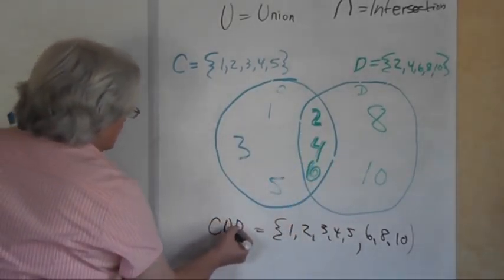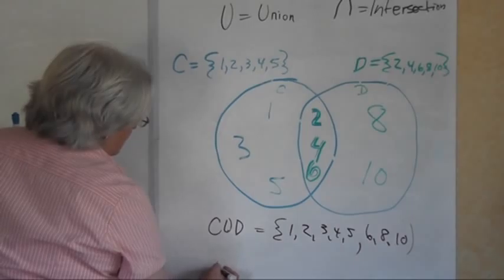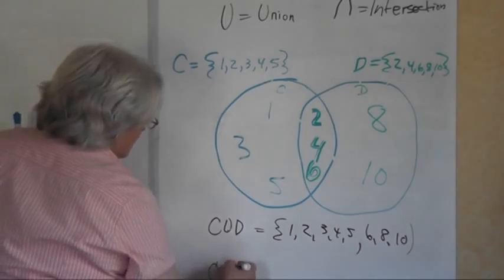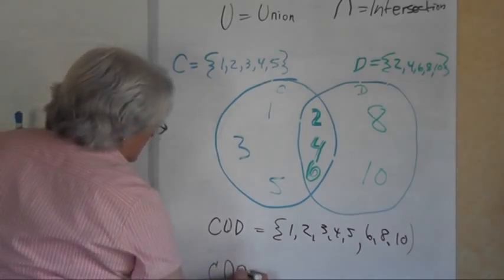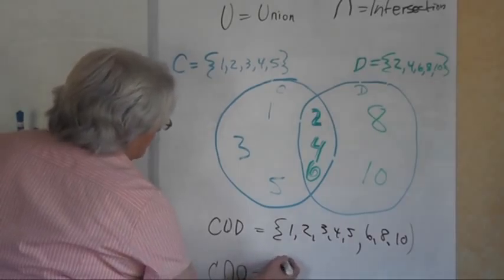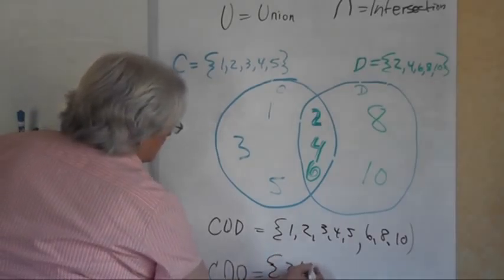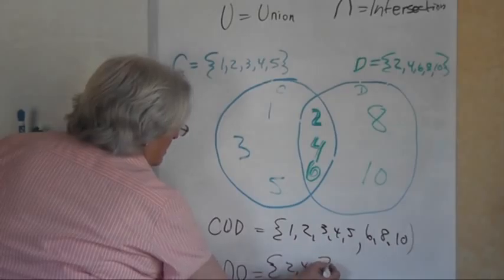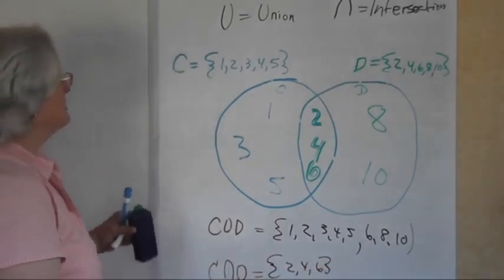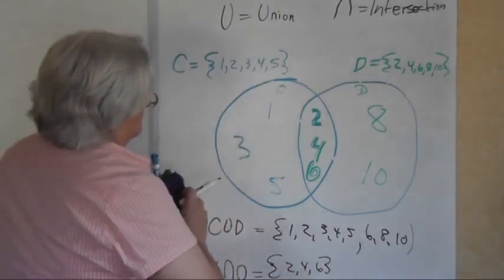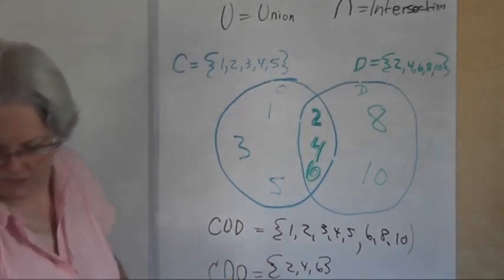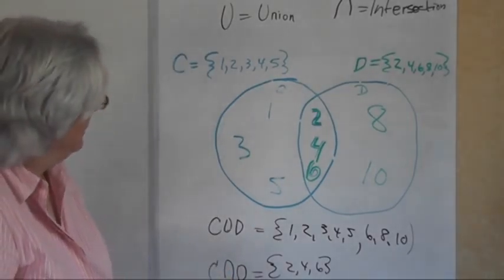Now if you have the intersection of C and D, C intersect D, you're going to have 2, 4, and 6, because what you're looking for, I said 6, and I must have written my sets down incorrectly.